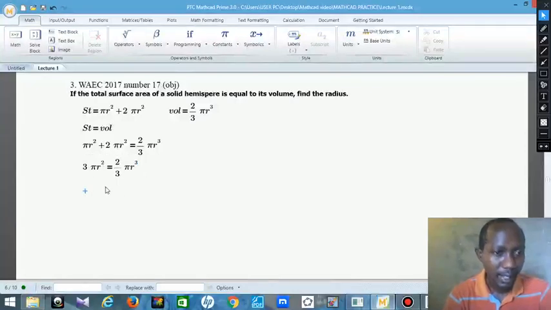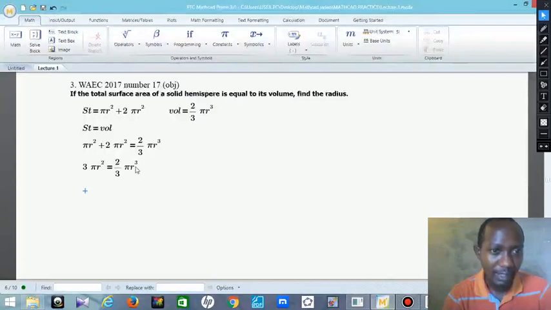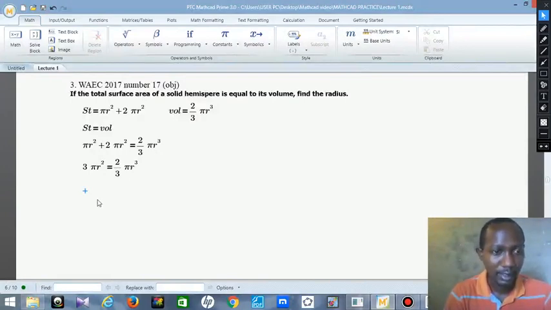Okay, now that we have this, the next thing we need to do is remove pi r square out of this place, and we need to remove pi r square out of this place. You know, this is r raised to power 3, which is the same thing as r times r times r. You need to take note of that. So r square is r times r. So r square is going to be removed out of this place, leaving one of the r. So we need to put it out like that.